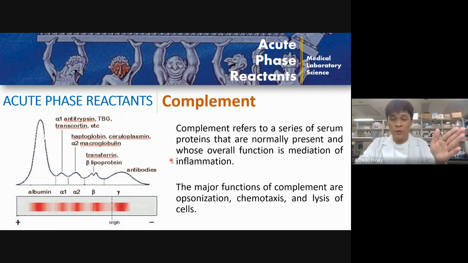Your C1QRS, then C4, C4B, then C2, C2A, so we have C4B2A, which we call the C3 convertase that will cleave your C3, and then your C3B will bind to your C3 convertase, so we have C4B2A3B, which we call the C5 convertase.